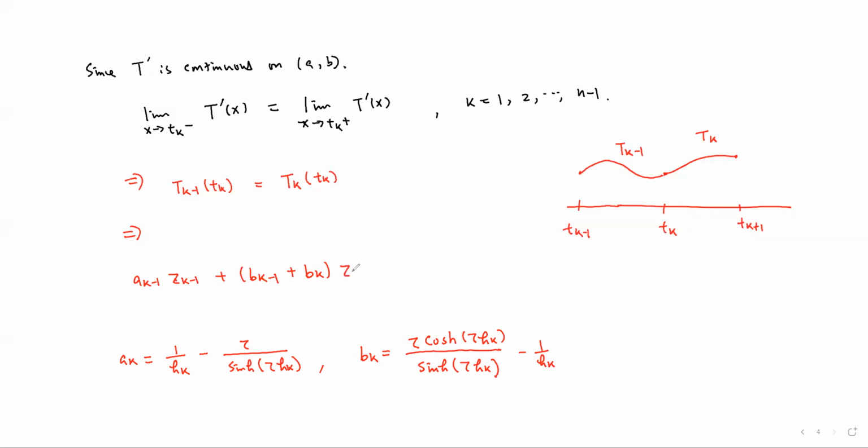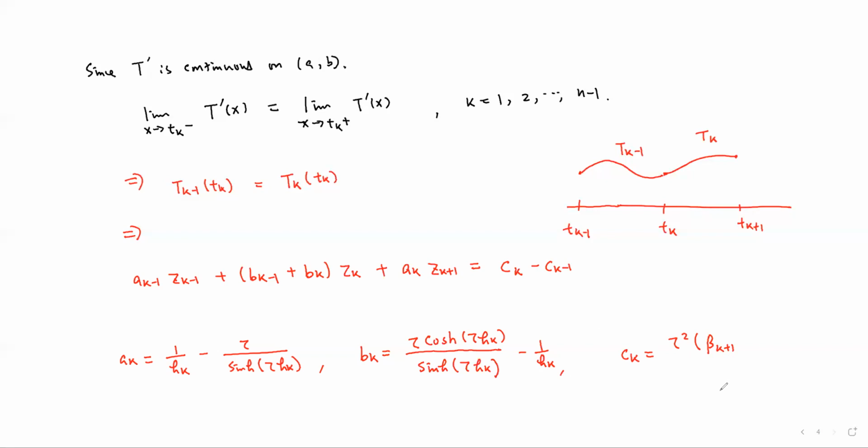Bk times ck. And then plus Ak times c(k plus 1) is equal to dk minus d(k minus 1), where dk definition is this number, involving beta.